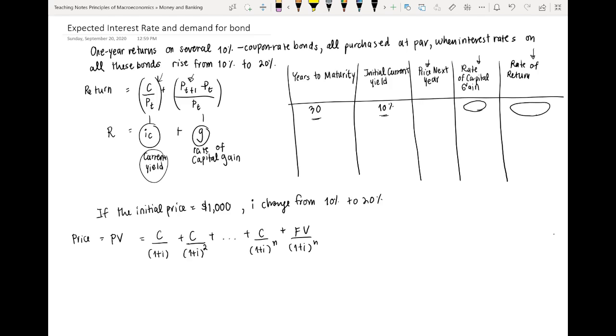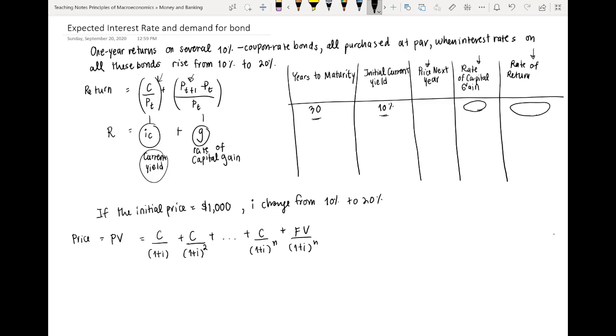It is showing the relationship between expected interest rate and the rate of capital gain and then rate of return. First of all, when interest rate in the future change, the price of bond will change. When the price of bond change, it will change the rate of capital gain and then rate of return.